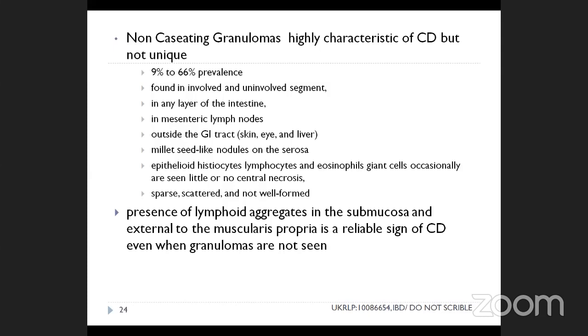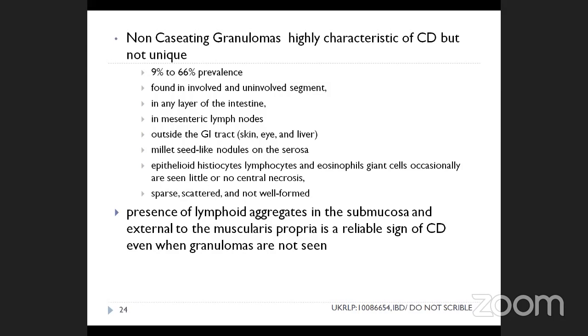If there is a central necrosis, it produces a caseating granuloma. However, in Crohn's disease, there won't be any central necrosis. It's just epithelioid histiocytes with no central necrosis, and it is sparse and not well formed.